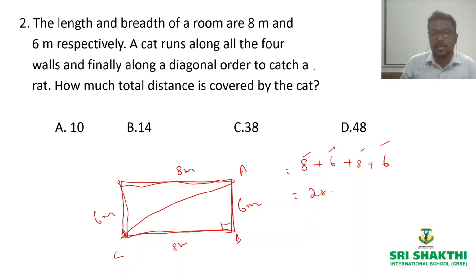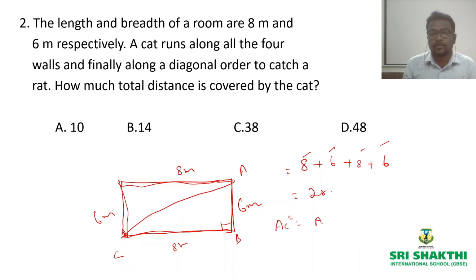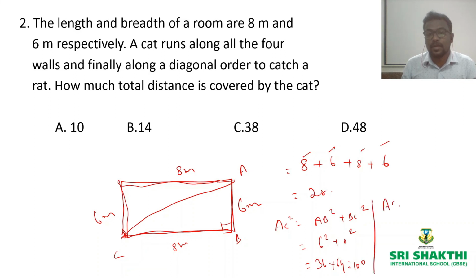AC square is equal to AB square plus BC square, which is nothing but 6 square plus 8 square, and 36 plus 64 gives the value of 100. If you send that square to the other side, it becomes the square root of 100, and it gives the value of 10.